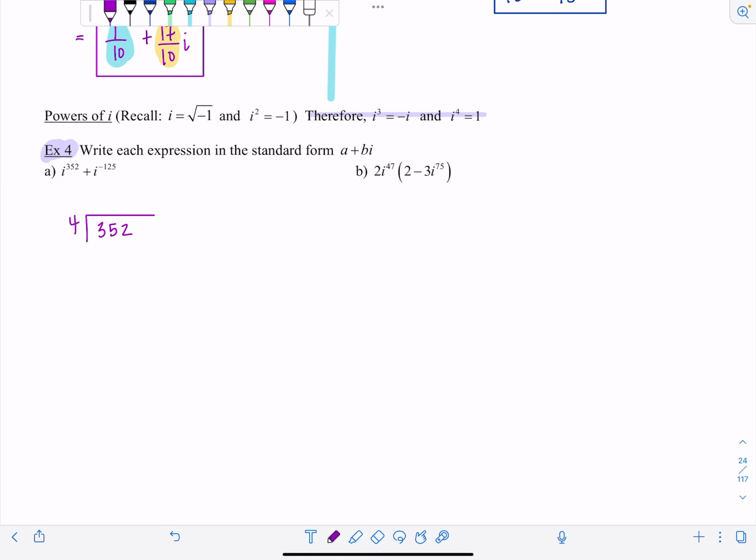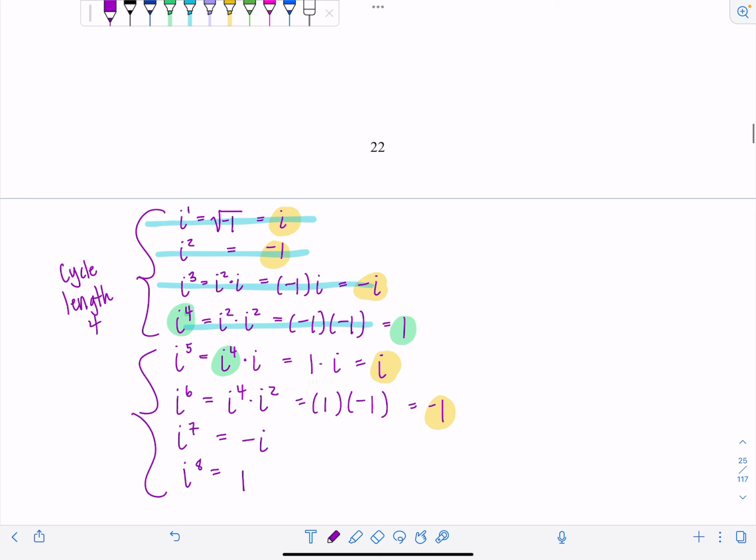So let's see, 4 into 35, that's 8 times, right? 32. And then subtracting, this is 3, bring down the 2, this is 8. So we've got no remainder. Okay, well, of these 4 powers of i, 1, 2, 3, 4, which one would have no remainder if I divided by 4?